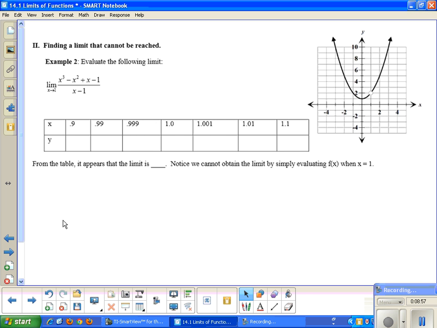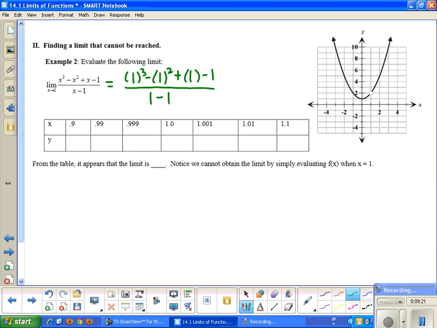So let's find a limit that cannot be reached. That means the value is not in the domain. For example, if we look at this next problem, we want to find the limit as x approaches 1 for this function. If I plug 1 into this function right now as it is, we have 1 cubed minus 1 squared plus 1 minus 1 over 1 minus 1.